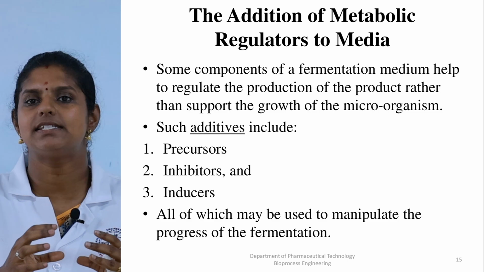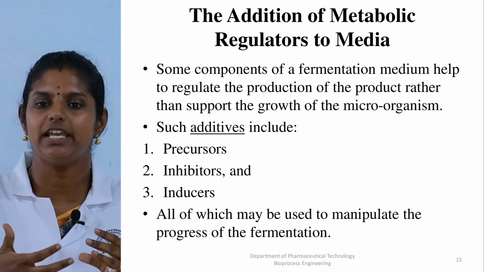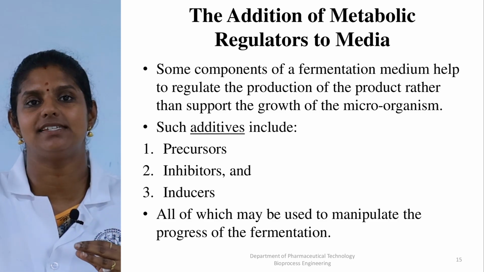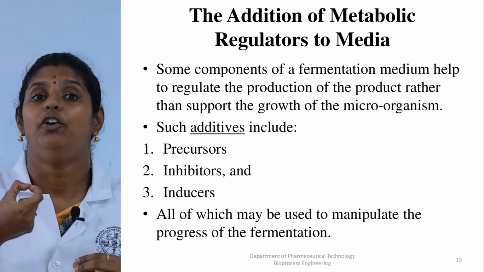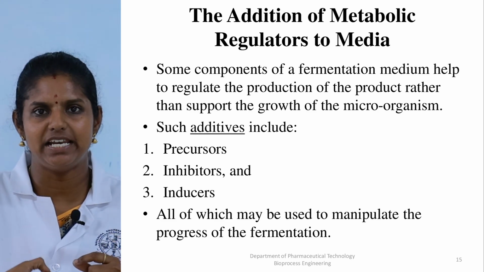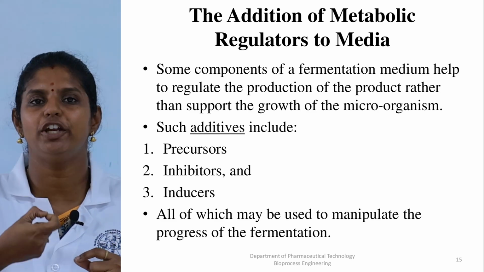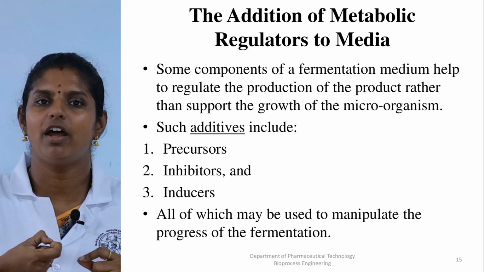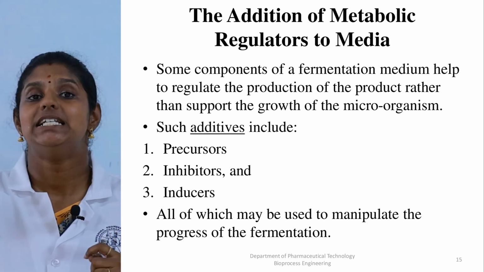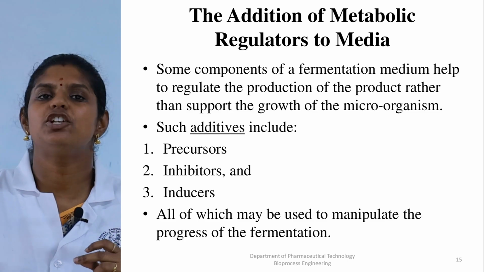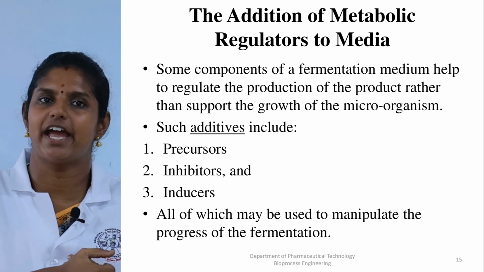It is very easy in the production of certain organic acids, but when we come to drug production in the pharmaceutical industries, it is very important to check whether the microorganism is producing the desired product instead of any other extra undesired products.